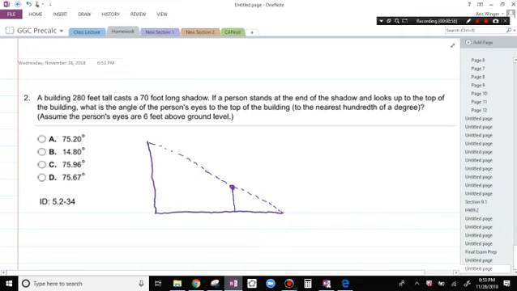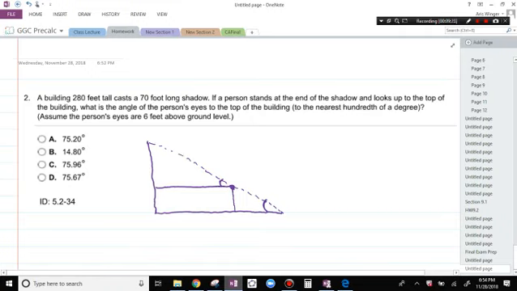To the top of the building, right? So we're looking for this angle. Is that okay? That's of course the same as this angle, right? Is that okay? So you're looking for this angle, and so how would we do this?